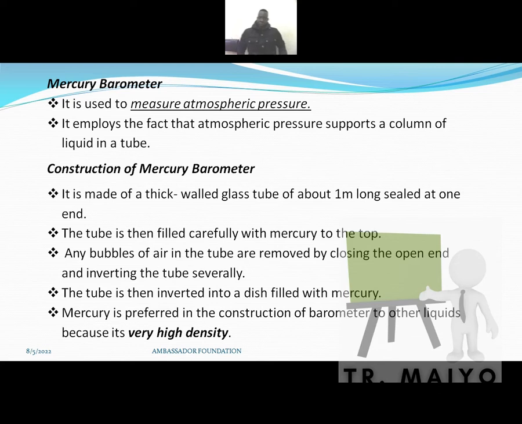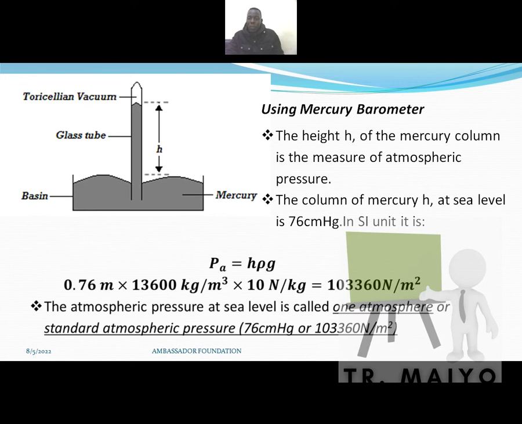Now, mercury barometer. Mercury barometer is used to measure atmospheric pressure. It is the most commonly used. Now when you put some liquid in a container with an inverted tube, atmospheric pressure will push that liquid, regardless whether it's mercury or water, paraffin, ethanol, to rise upwards.